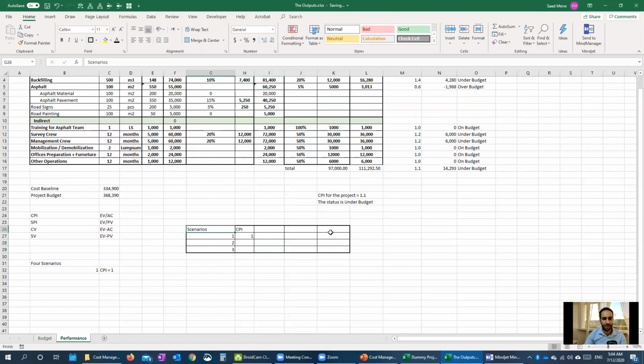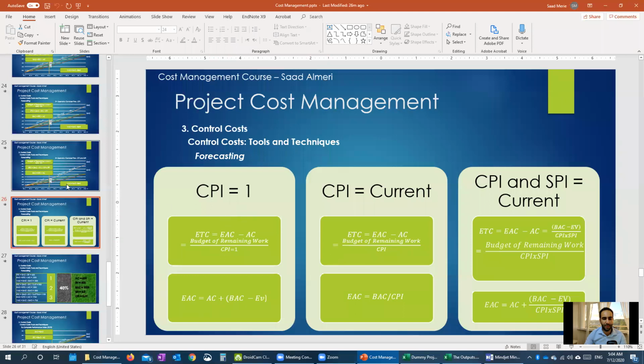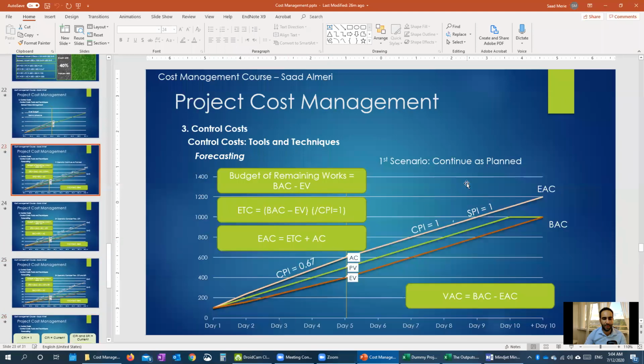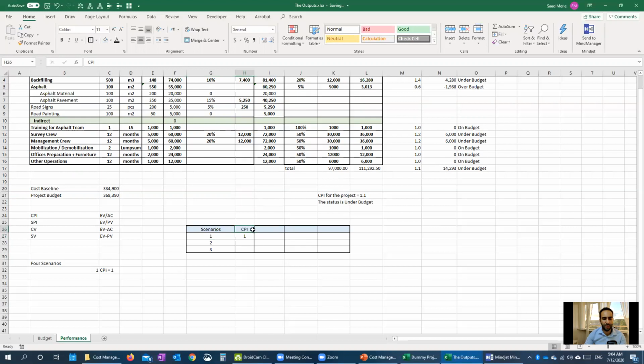Let's make this a nice table. Depending on scenario 1, we said we will continue as planned, so we need to have the CPI for the remaining work as 1.